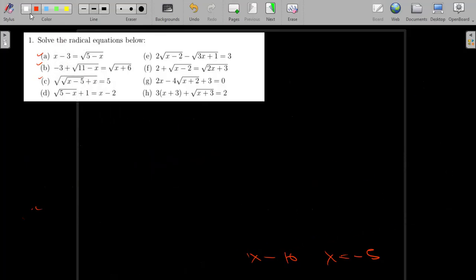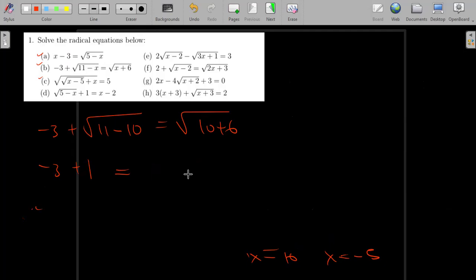So we test, we start with 10. So I have negative 3 plus root of 11 minus 10, and this is equal to root of 10 plus 16. I get negative 3 plus, this gives me 1, root of 1, that's going to be 1.